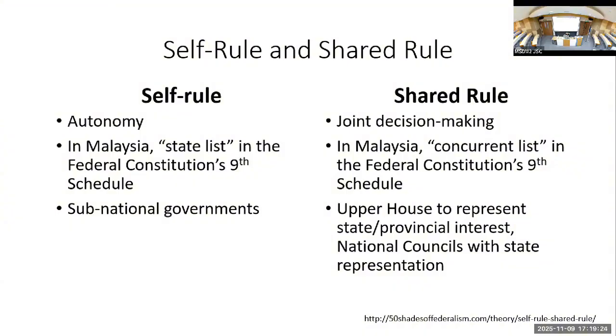In countries like America, Australia, and Germany, the upper house consists completely of state representatives. In Malaysia, unfortunately, the states only control 26 out of 70 seats. The rest are federal appointees. And you could also have a National Council with state representation.